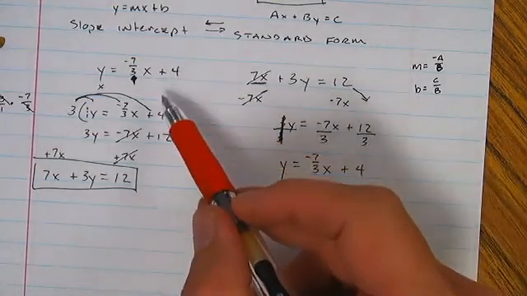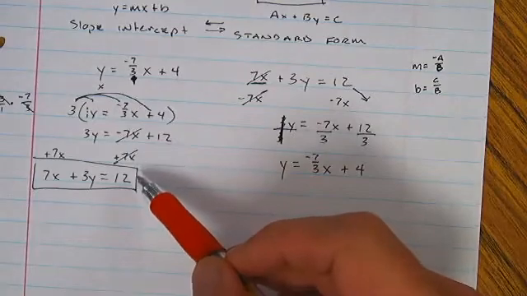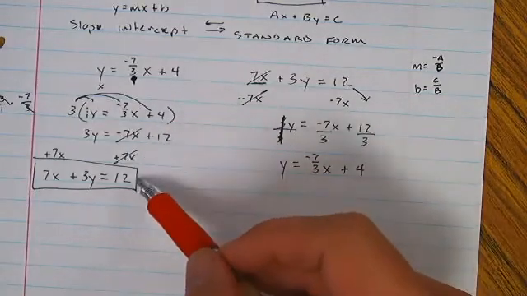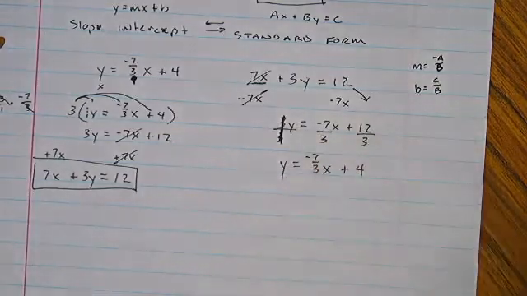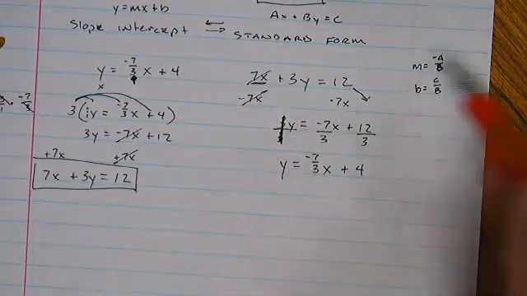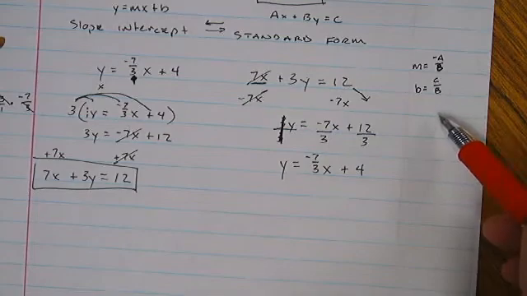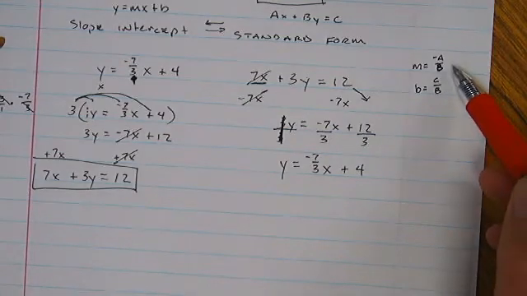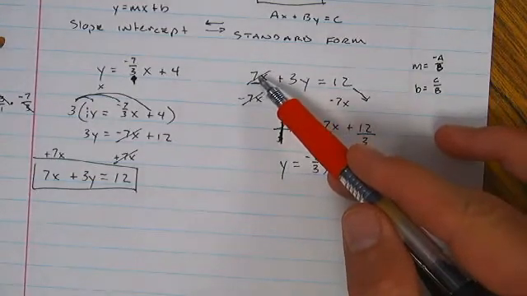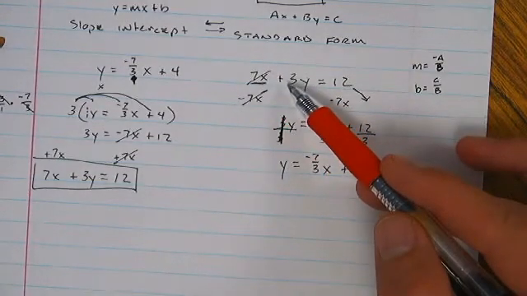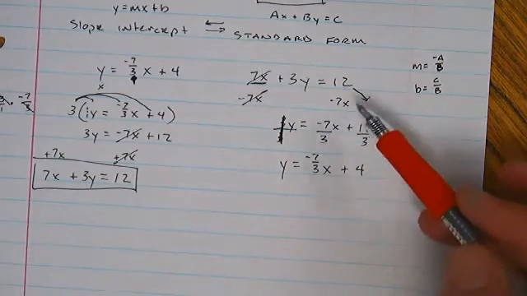But you can see we've gone through the process of going from slope-intercept to standard and then brought that standard up and converted it back to slope-intercept. Again, using the tricks would have easily gotten us there. The opposite of A over B: A was 7, so opposite A is negative 7, over B, which is 3, so negative 7 over 3.